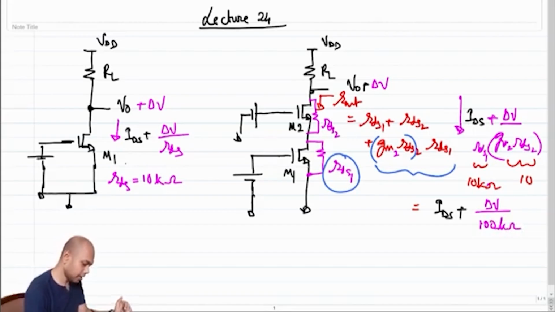In the earlier case, the total current would have been IDS plus delta V over 10 kilo ohm.